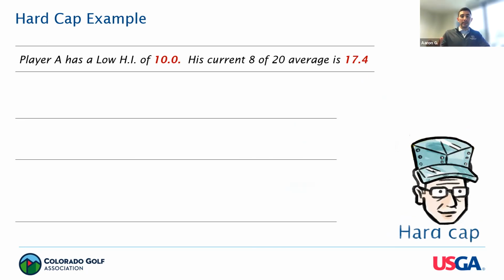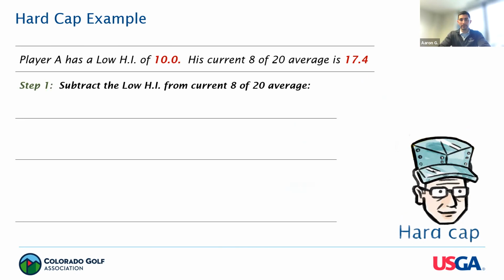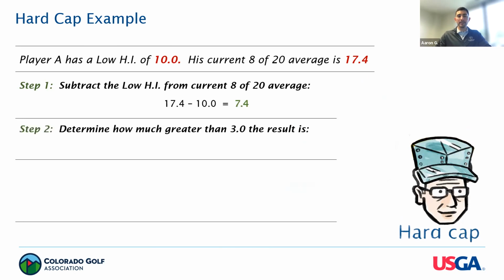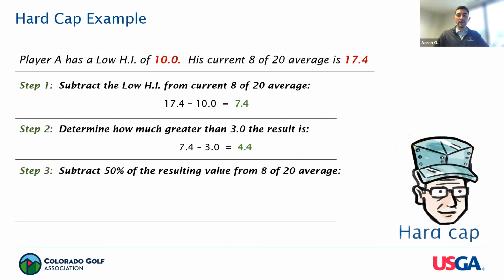But in order to get to a hard cap, the system will always go through the initial soft cap procedure. So step 1, subtract those two: 17.4 minus 10 gets us to 7.4. Step 2, determine how much greater than 3 7.4 is. Very easy so far. And then step 3, we'll take 50% of that 4.4 and subtract it from 17.4, the current 8 out of 20 average.